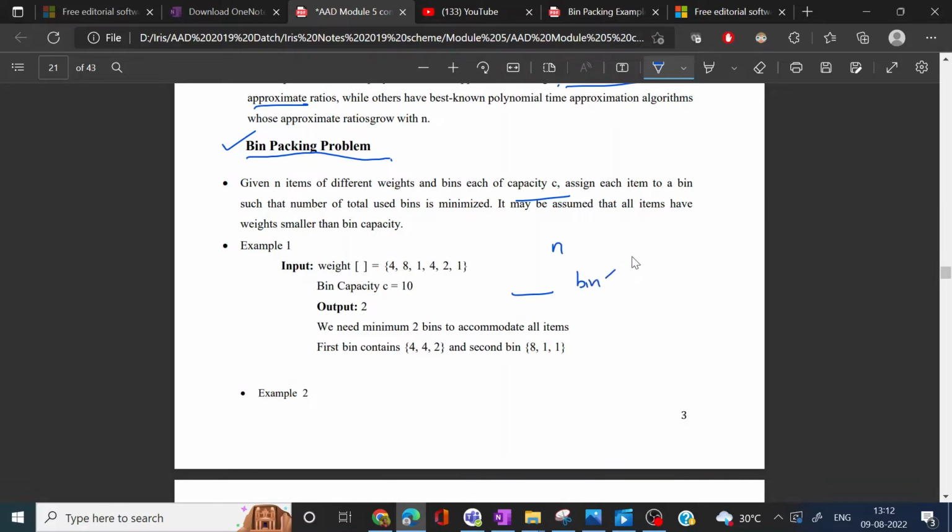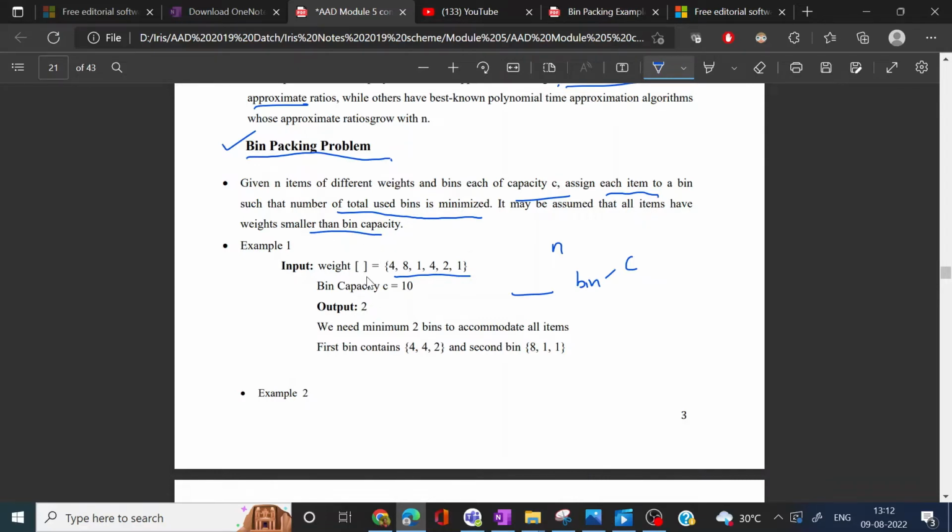Each bin is of capacity C. What we have to do here is assign each item to a bin such that the number of total used bins is minimized. So we have to pack these items into the given bins so that the number of bins is minimum. It may be assumed that all items have weight smaller than the bin capacity.